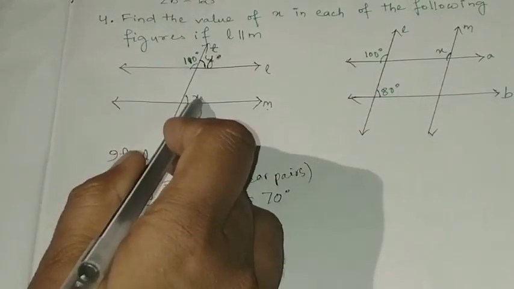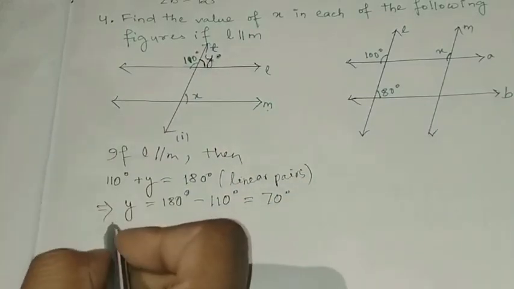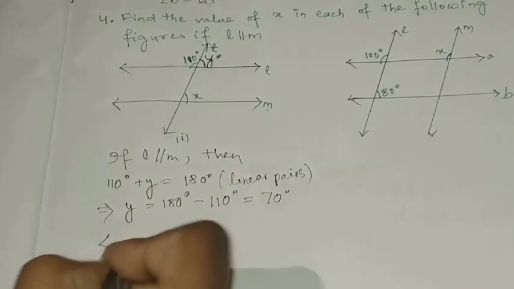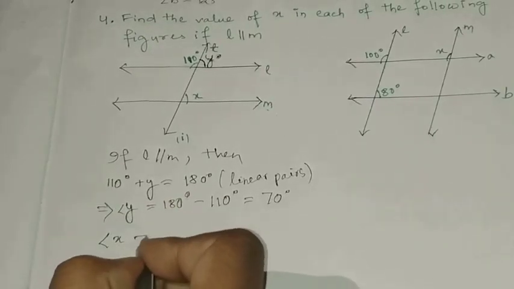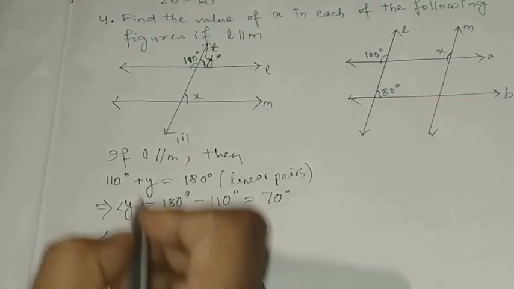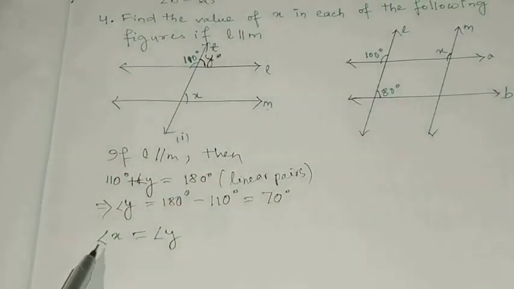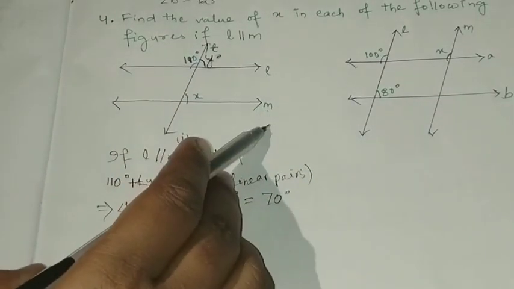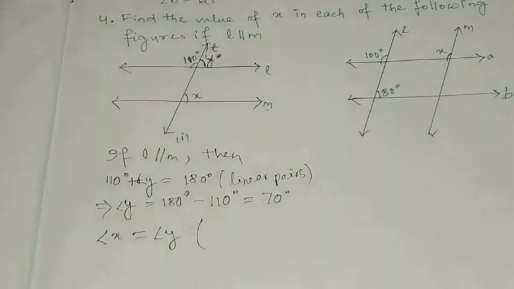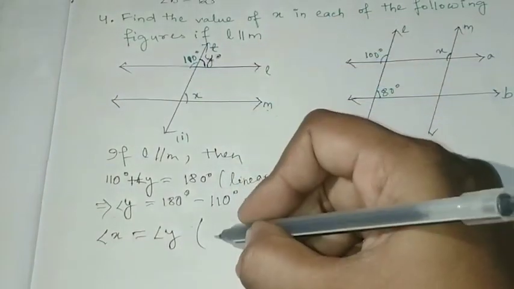Next, X. Look, L is parallel to M and T is transversal. So angle X is equal to angle Y because L is parallel to M. So what are these two pairs? These are corresponding angles.